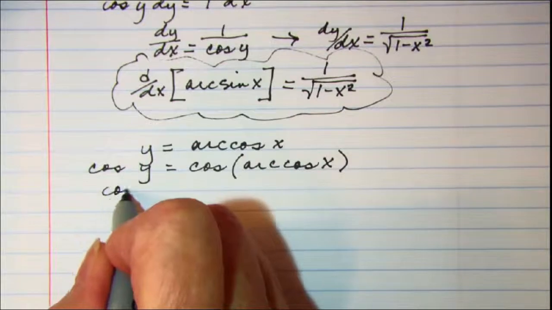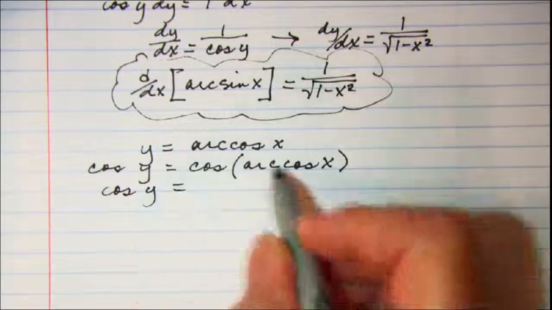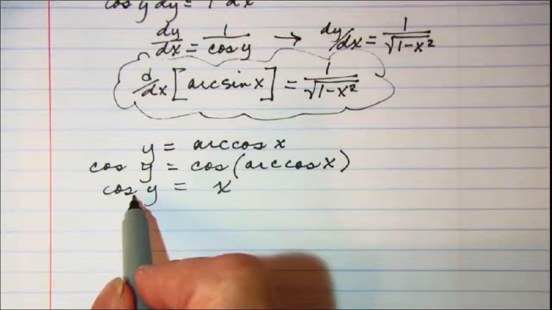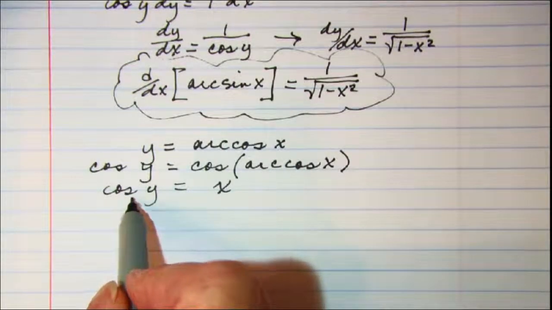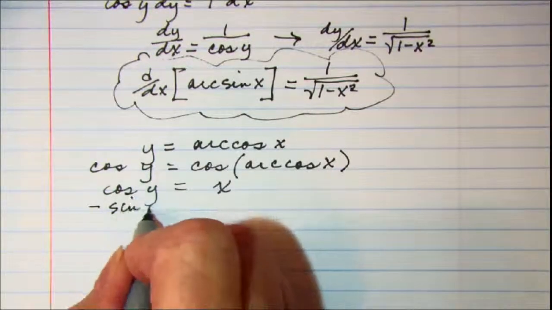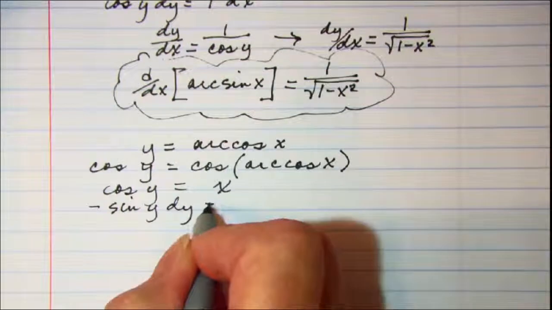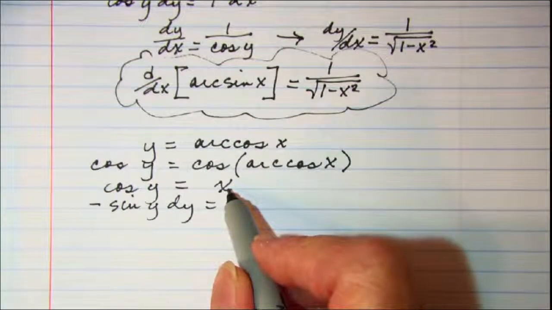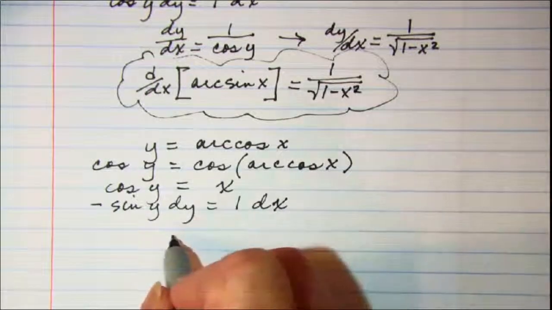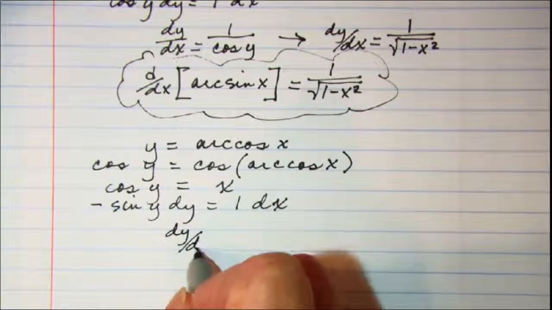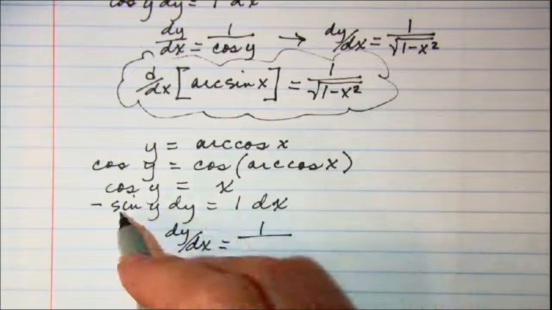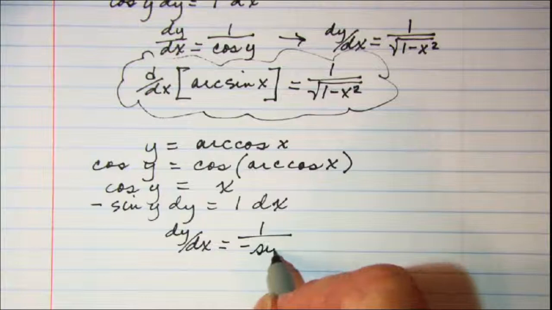We have cosine y is equal to x, and then when we differentiate both sides, the derivative of cosine y is a negative sine y dy, and the derivative of x is just 1 dx. This gives us dy dx is equal to 1 over a negative sine y.